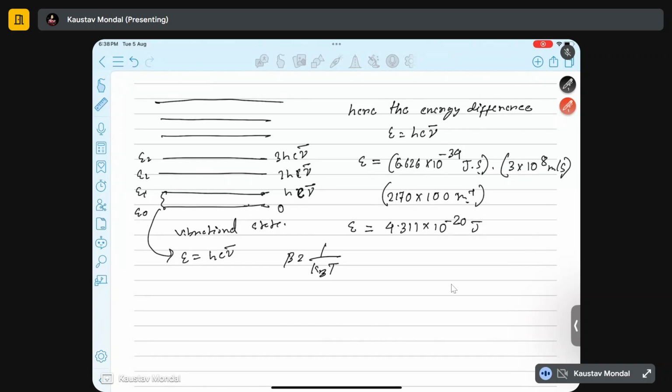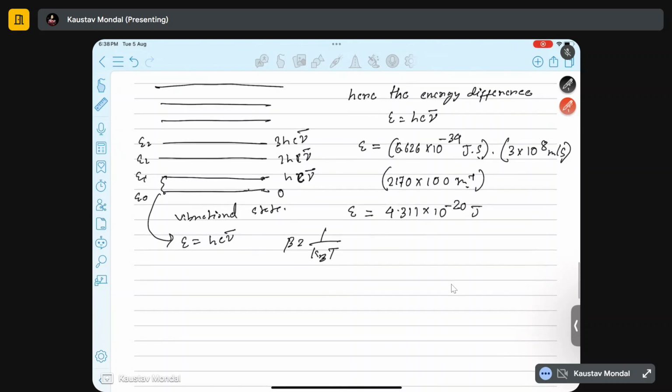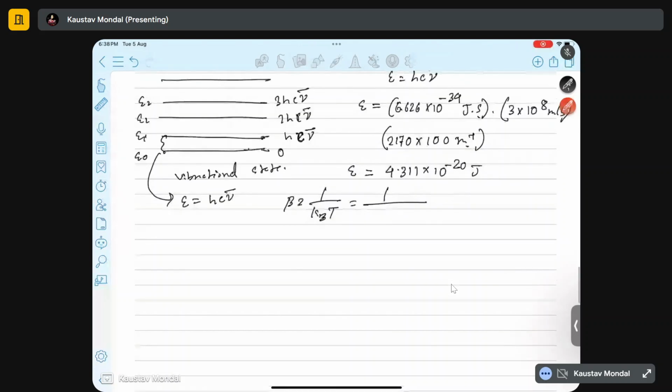The temperature you have to always write in Kelvin, in most of the problems we will encounter. The Boltzmann constant is 1.38 times 10 to the power minus 23, and the temperature is 298 Kelvin.